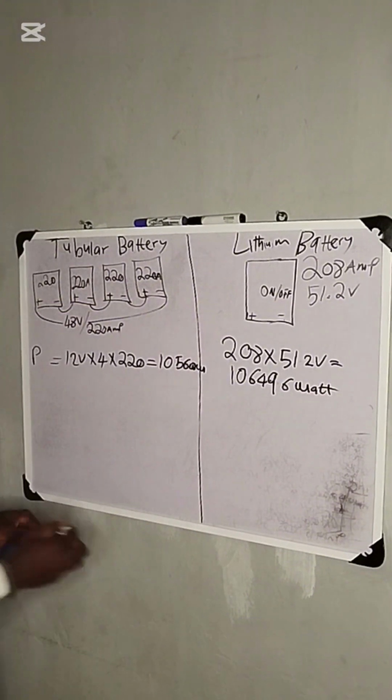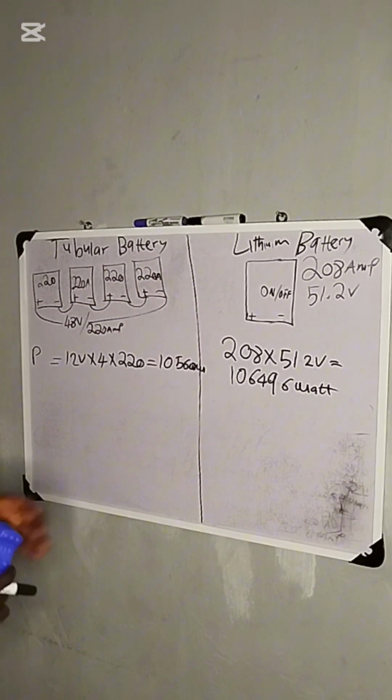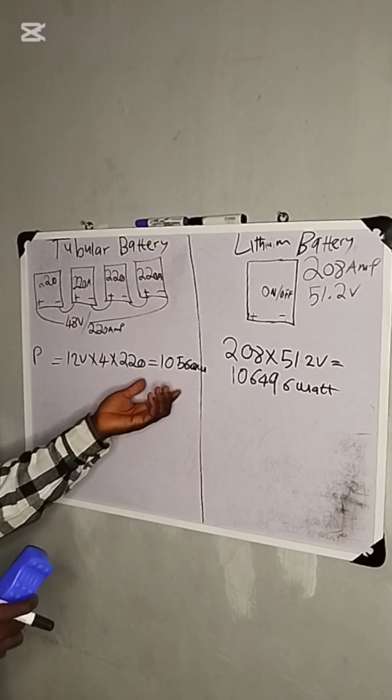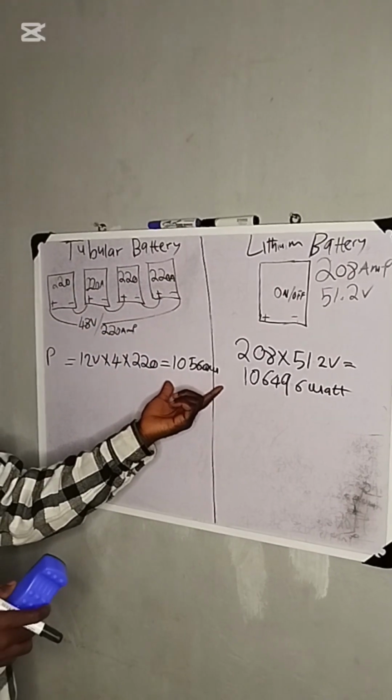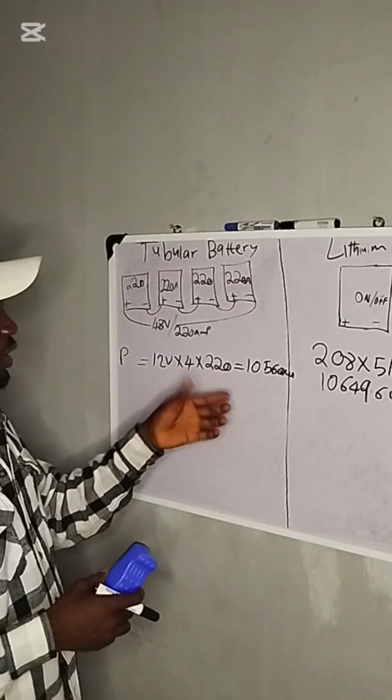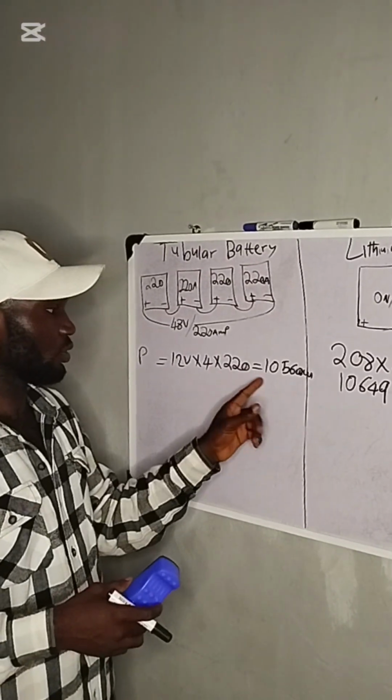This is what you will get. So if you check the final value of the batteries, you will find that both of them are about the same value, 10,000.